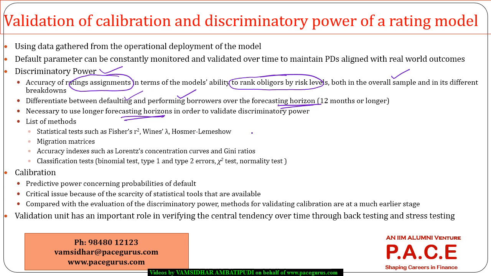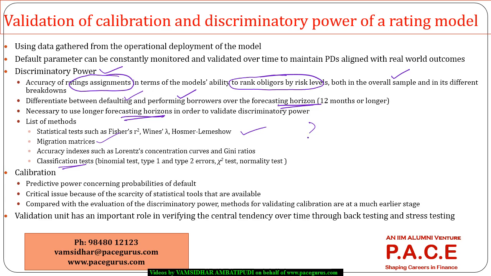There are so many statistical mechanisms to do that, right? I can use Fisher's R-squared, Wilks' lambda, Hosmer-Lemeshow test, or I can use migration matrices, various accuracy indexes, Lorenz concentration curve, Gini ratios, various kinds of classification tests like your chi-square test, binomial test.